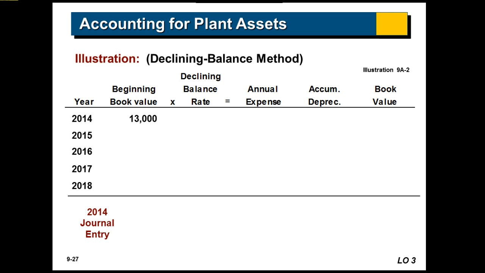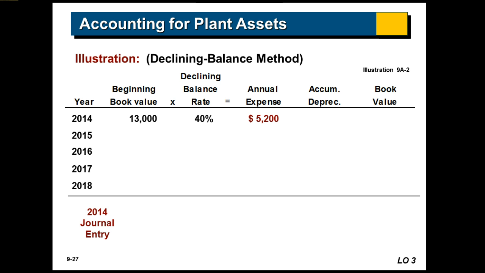We start a book value with $13,000, but the double declining rate, we know that over 5 years, straight line would be the asset divided by 5 years, or 20% of the asset. What we do here is we double it. Now we're going to decline it at 40%. So where the normal straight line rate would be 20, we're going to take 40%.